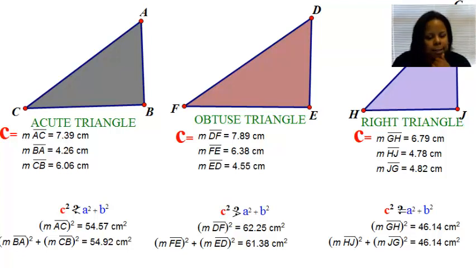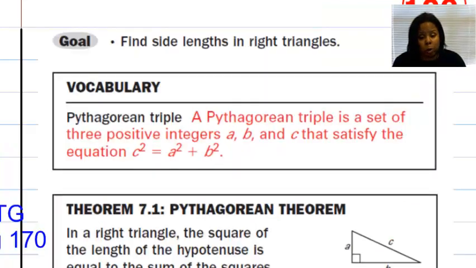So that's something important to note: when c squared is less than a squared plus b squared, we have an acute triangle, and when c squared is greater than a squared plus b squared, we have an obtuse triangle. And of course, you know that when c squared is equal to a squared plus b squared, we have a right triangle. So let's take a look at our notes on page 109.